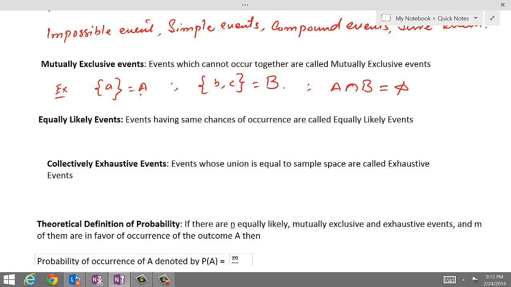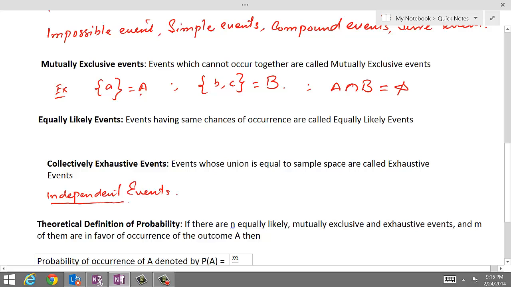And one more definition before we close is the independent events. For example, if you throw a dice and you throw a coin, throwing of a dice is denoted by capital A, and throwing of a coin is denoted by capital B. The outcome of A is totally independent of the outcome of B. The throwing of the coin doesn't have anything to do with the result of A. Therefore, two such events are called independent.